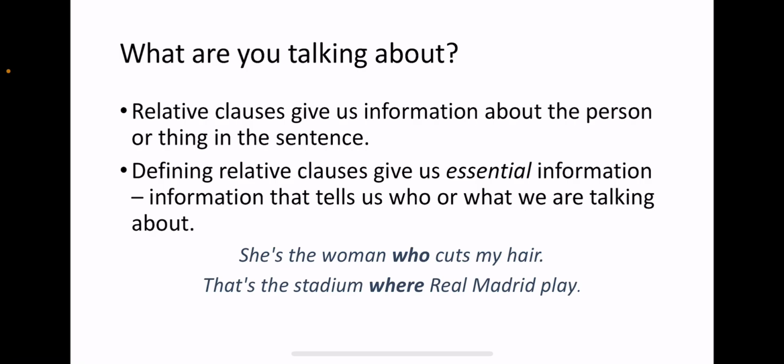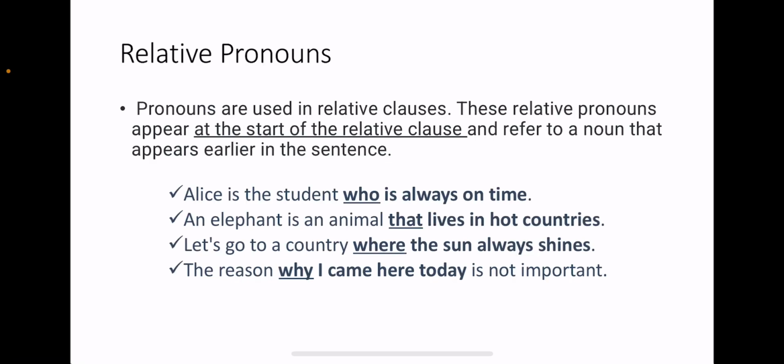The pronoun that we decide to use in the relative clause is important because it should coincide with the subject. The pronouns that we use, we put them at the beginning of the relative clause or in the middle of the sentence, and they refer to a noun that appears before.